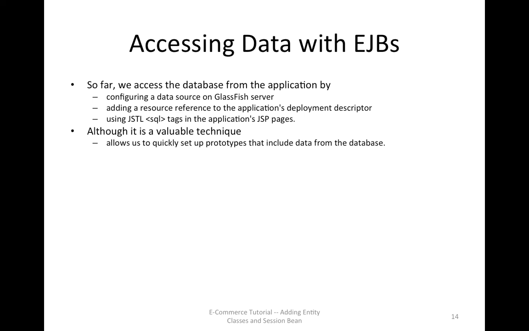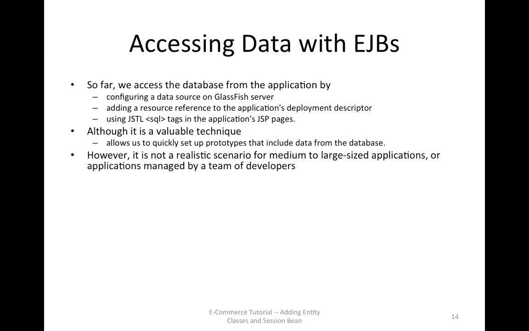Although it is a viable technique because it allows us to quickly set up prototypes that include data from the database, it is not a realistic scenario for medium to large-sized applications or applications managed by a team of developers because it is difficult to maintain or scale. Furthermore, in MVC architecture, we don't want data access code in our front end.